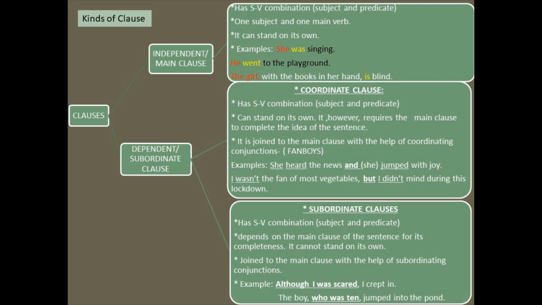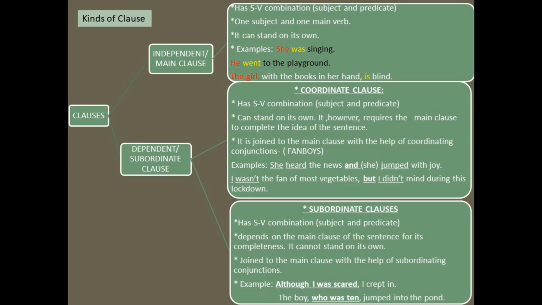Dependent is which is dependent on somebody, needs extra support from somebody to get the full meaning. So, this particular clause has some meaning on its own, is a complete sentence, that is with the subject and verb combination. Still it is dependent on the main clause or the independent clause to get the complete meaning.